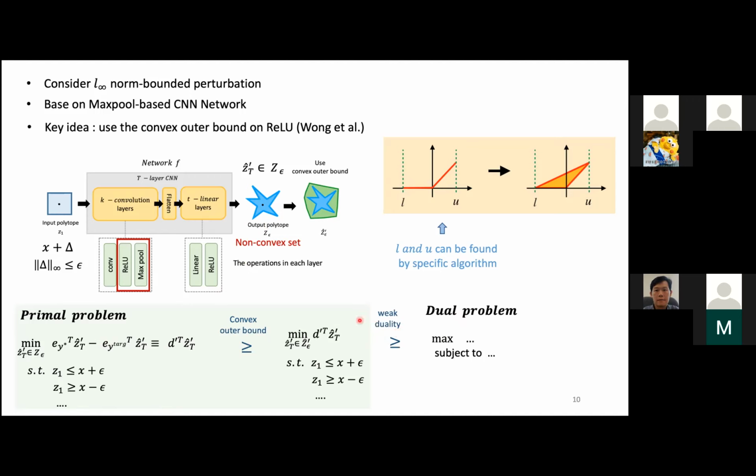In weak duality, the theory tells us that the solution you found in the primal will be larger than the solution you found in the dual. So this time, if the solution you found here is larger than 0, then it implies the solution you found in the primal is also larger than 0. So then we can verify the network cannot be attacked.